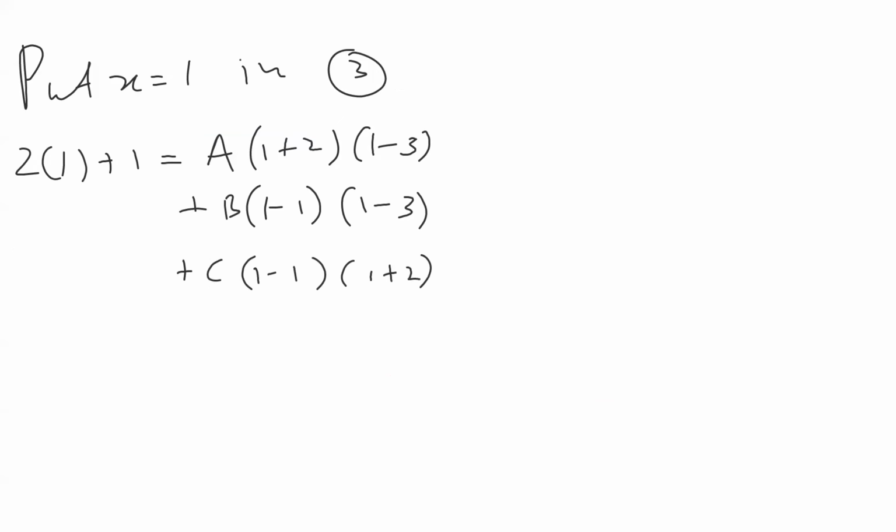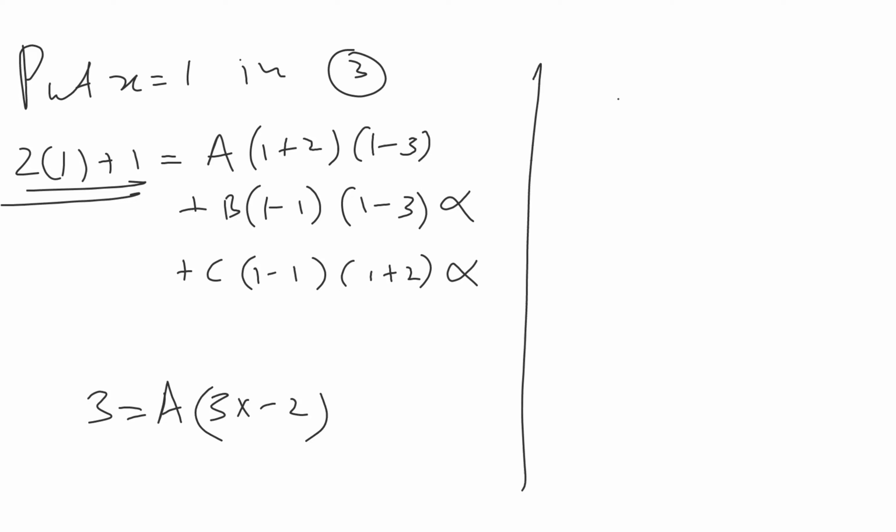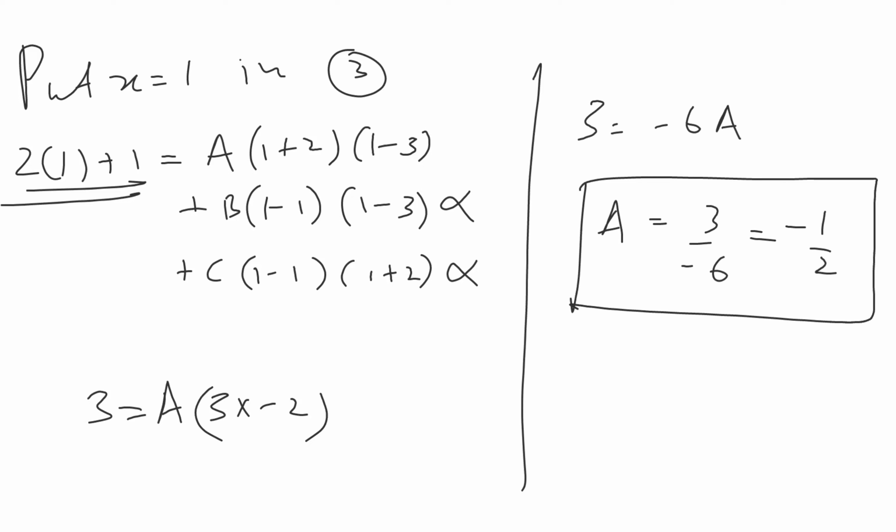Okay. So see, B and C will get eliminated. So this will be 3 is equal to A into 3 into minus 2. So 3 is equal to minus 6A. So A is equal to 3 by minus 6, which is minus half. We got the value of A. Sorry, it's 2x minus 1.